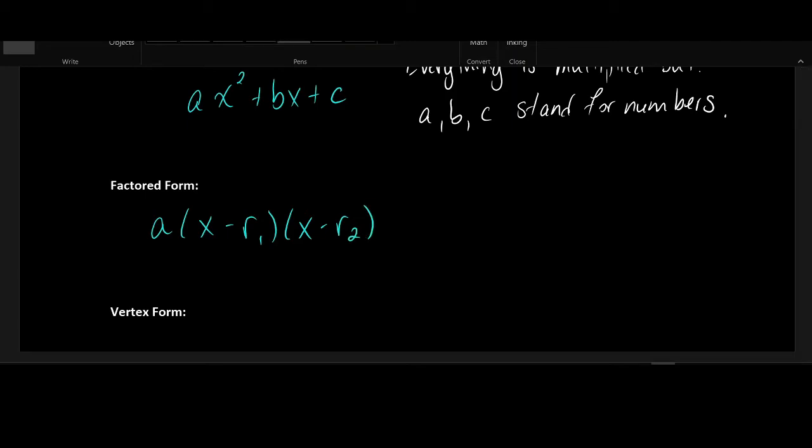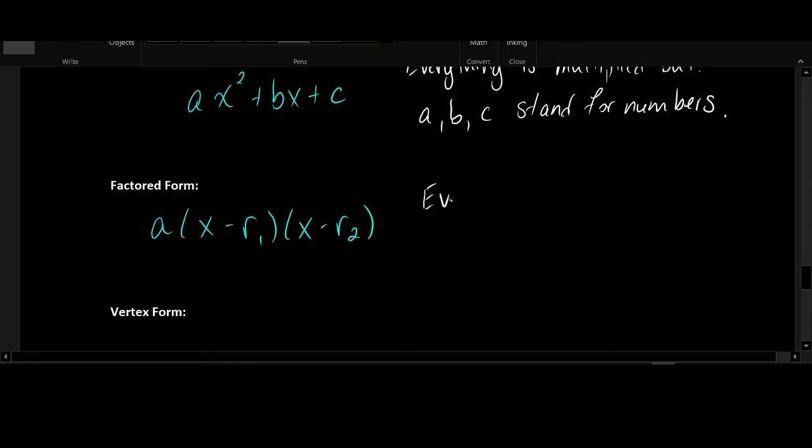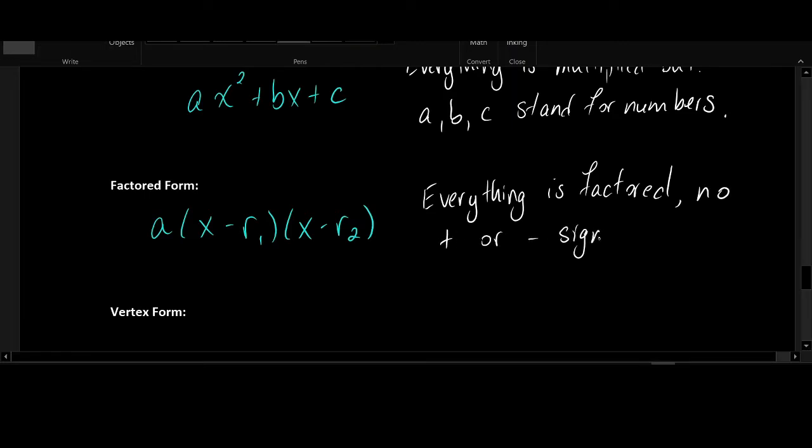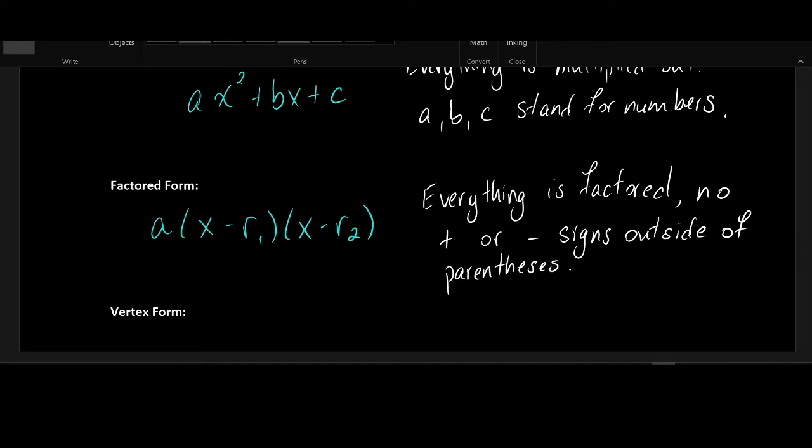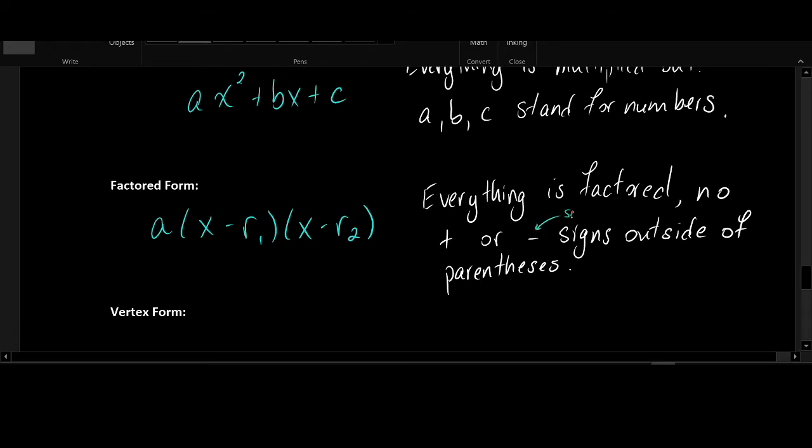And the main feature of this is that everything is factored, and we have no plus or minus signs outside of parentheses. So I'm going to make a note that this minus specifically means subtraction here, not just make the number negative.